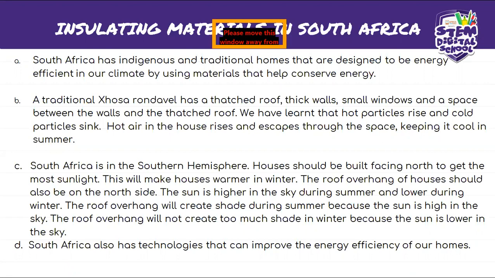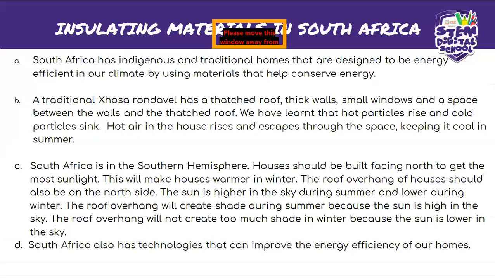The roof overhang of houses should also be on the north side. The sun is higher in the sky during summer and lower during winter. You can also observe this statement. In winter we have shorter days and longer nights, and the opposite is true in summer.